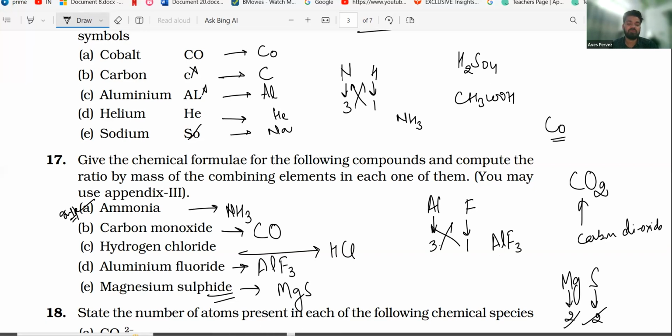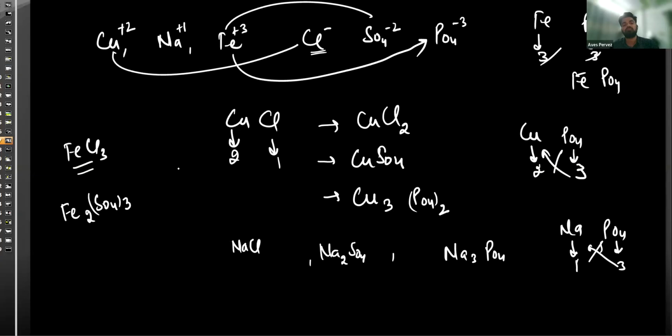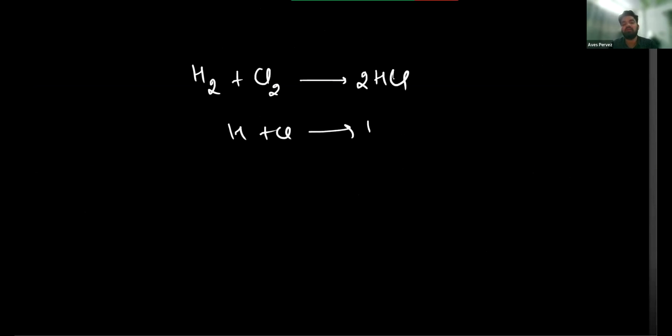Let's do this one. This is HCl, hydrogen chloride. H2 plus Cl2 react together and form 2HCl. You cannot write H plus Cl gives you HCl. Don't write it this way.